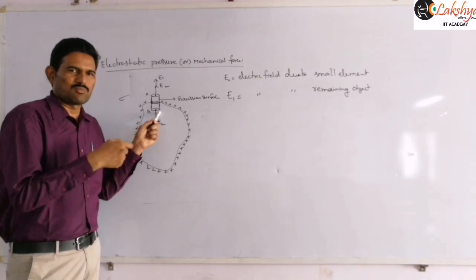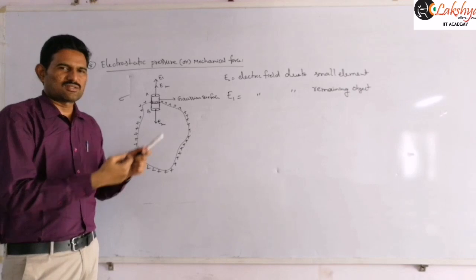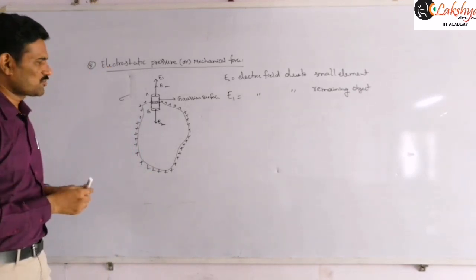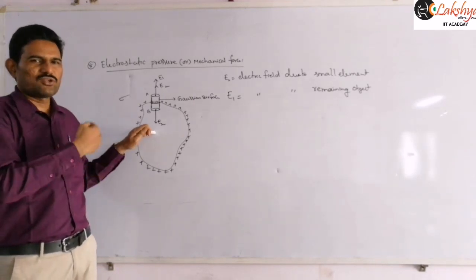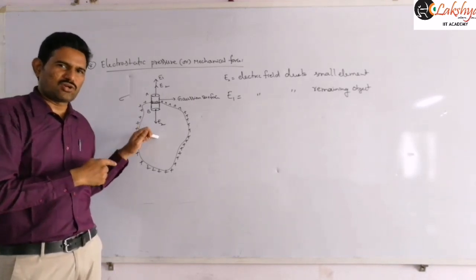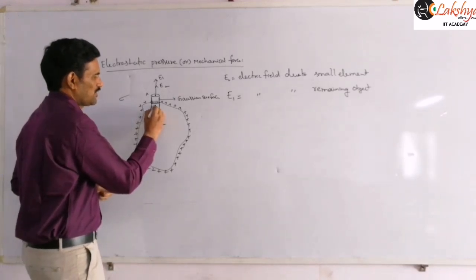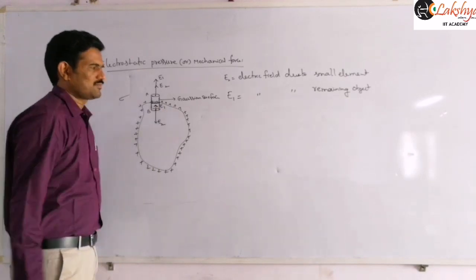We are taking point B inside the conductor and point A outside the conductor, right? So inside the conductor, the electric field should be 0. Electric field should be 0 means the electric field due to the remaining object should be equal and opposite to the field due to the element here. So this E1 should be along this direction here. So this is the direction of our E1, right?